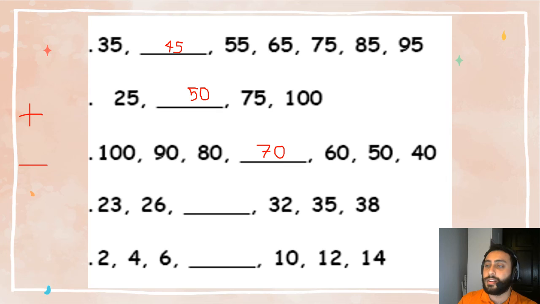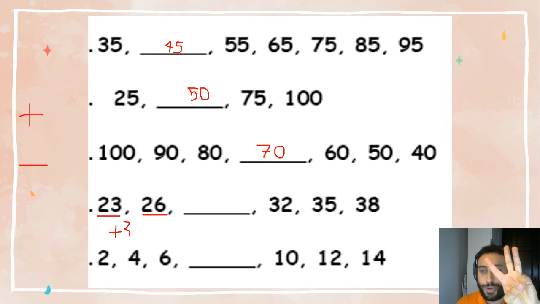Now let's find the next one, okay? The next one is 23, 26, blah, blah, blah, 32, 35, 38. Let's see. 23 to 26, right? What's happening? Is it plus or minus? It's plus. Very good. It's plus. Plus what?